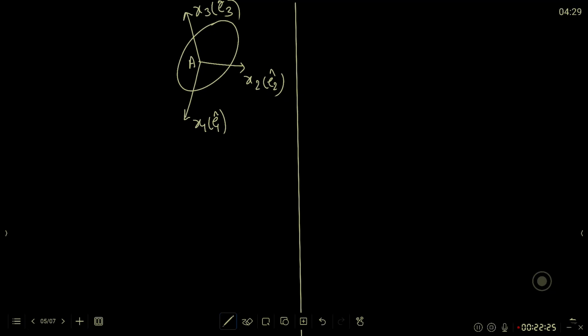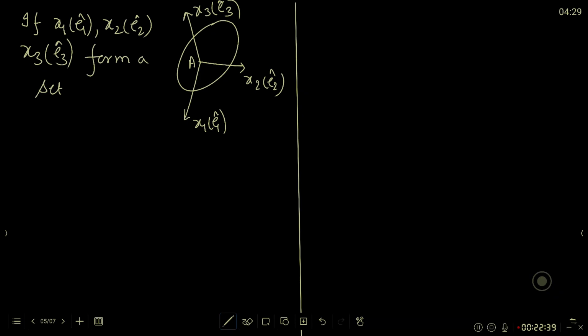But now, if I tell you that x1 E1, x2 E2, and x3 E3 form a set of mutually perpendicular p-axis of IA at point A, and that is not required, I have written IA.